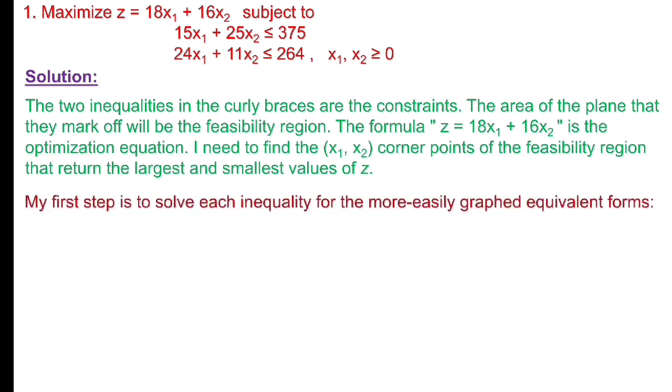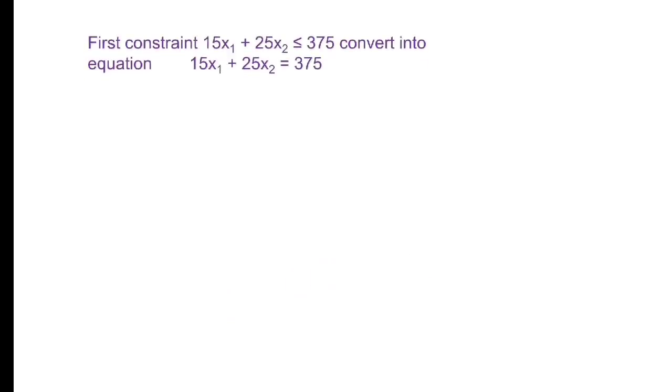First step, solve the inequality into more easily graphed equivalent forms. Here the inequality will be written in equation form: 15x1 plus 25x2 equal to 375. The first constraint we considered. In that, we put x1 equal to 0; always the first variable we put 0 and find the second variable value. Then for the second variable we put 0 and get the first variable value.